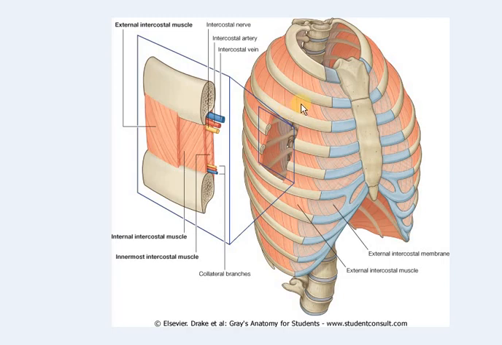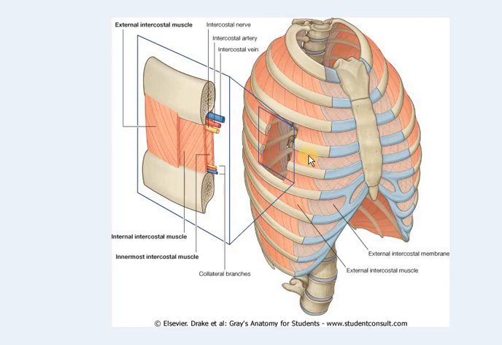So there are three kinds of muscles found in the thoracic wall. One fills the gap between the adjacent ribs. Second, those that pass between the sternum and the ribs, meaning muscles attached between the sternum and the ribs. And third, those muscles which pass between the ribs.